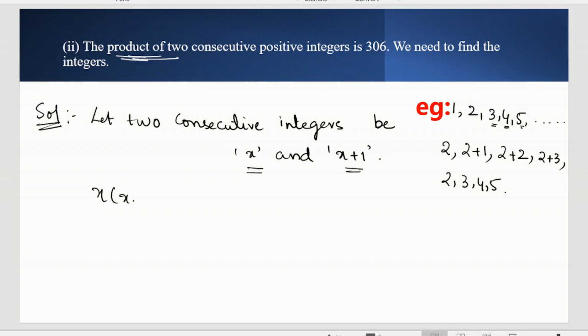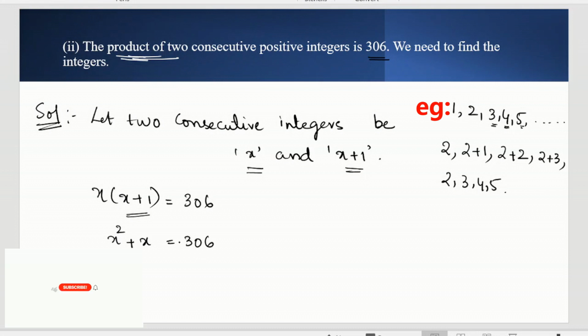Now we need to find the product of these two consecutive integers, that is x into x plus 1. The product of these two consecutive integers is 306. Now multiply x plus 1 with x, which is x square plus x is equal to 306. We need to represent this situation in the form of a quadratic equation, right?